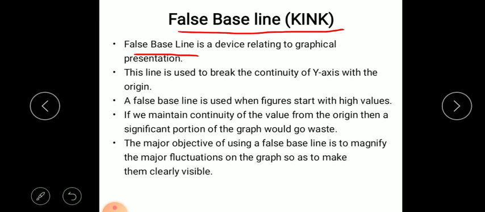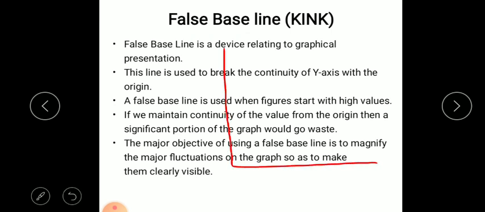This line is used to break the continuity of the y-axis with the origin. We know that this is the x-axis and this is the y-axis, and this is the origin. Generally the origin is 0.